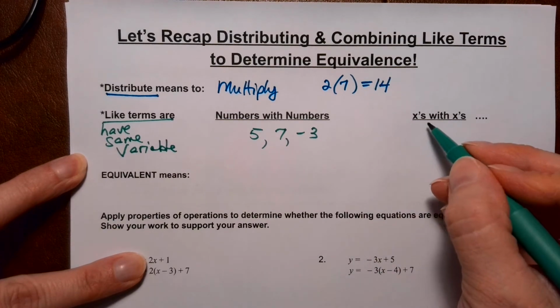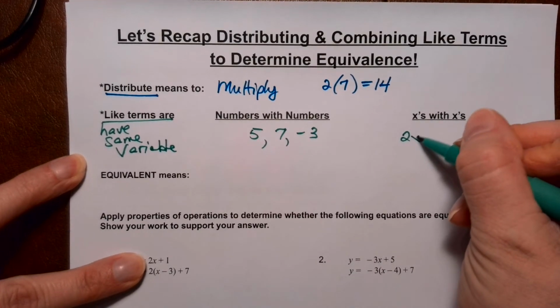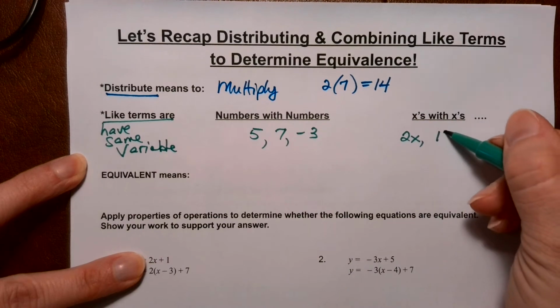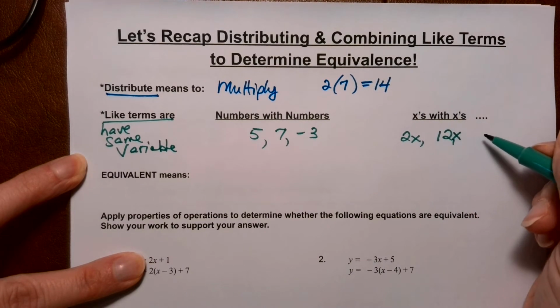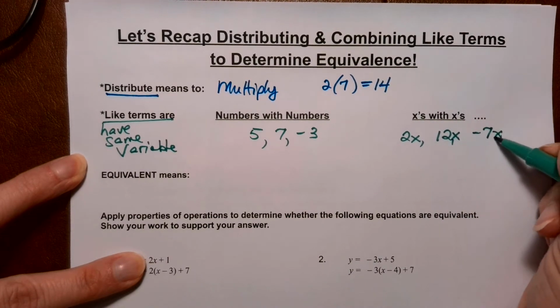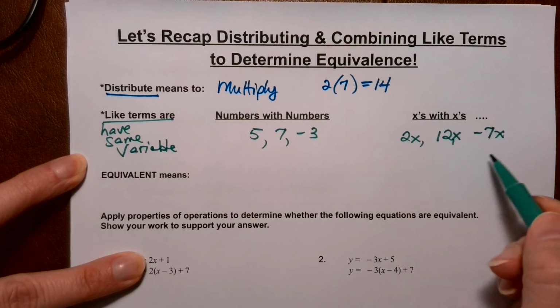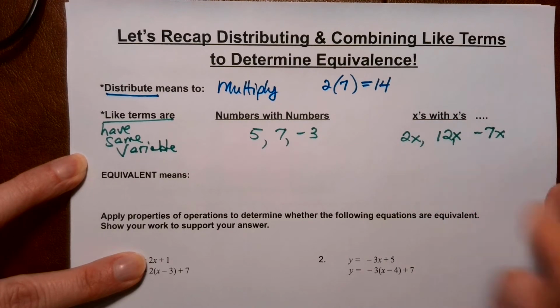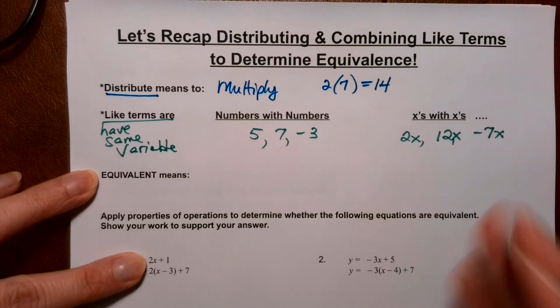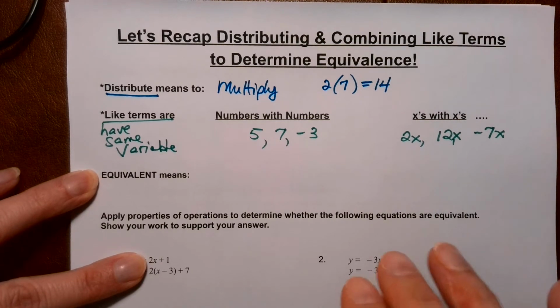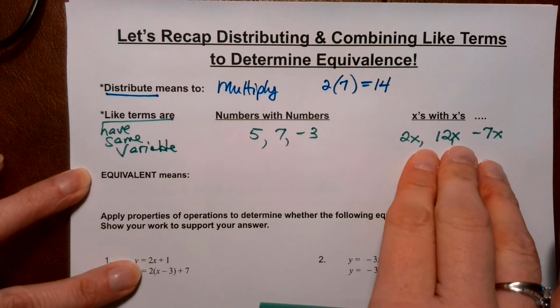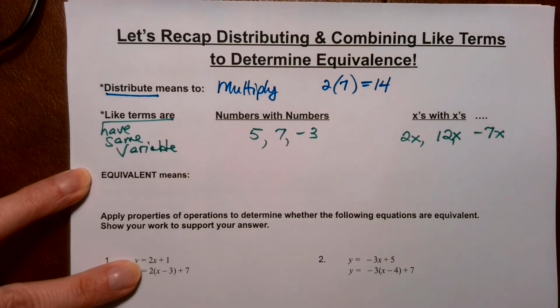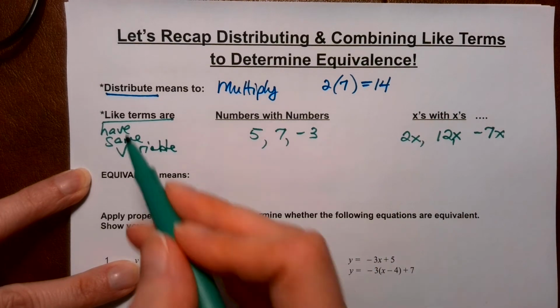X's go with x's. So 2x can get combined with 12x, which can get combined with -7x. If you have an x, you can get combined with other terms that have x's. Similarly, y's go with y's, x's go with x's, numbers go with numbers. They have to be like.